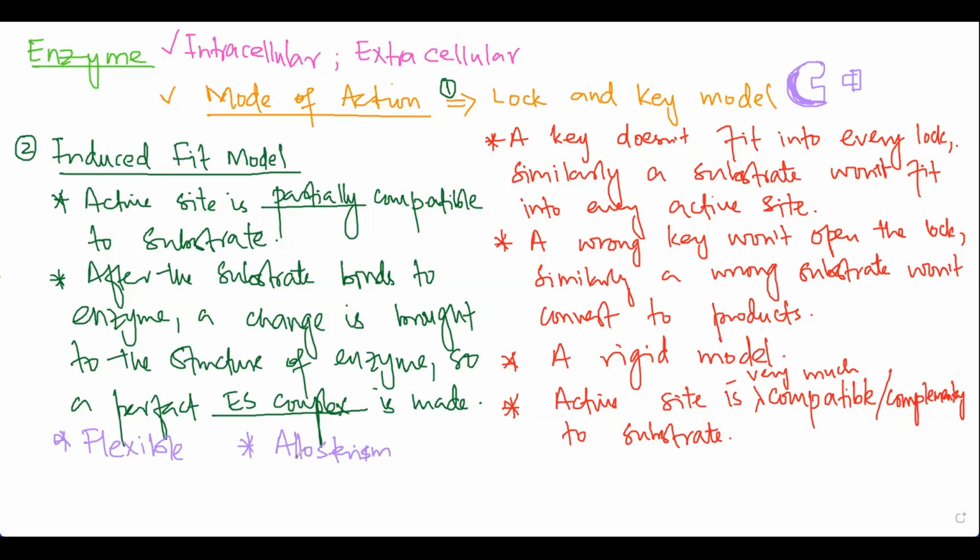So allos is different. Allos means different, Latin language. And steric is shape. So enzyme में allosterism होता है मतलब उसकी shape change हो जाती है. Or why we call it induced fit model, that fitting induces a change. Initial fit induces a change in the structure of enzyme. So a perfect ES complex is achieved.